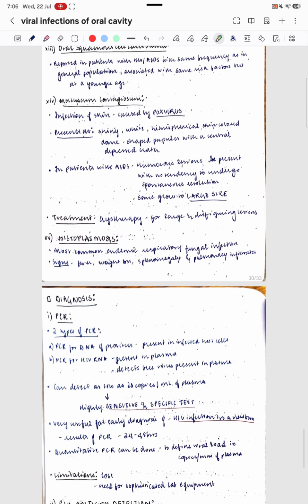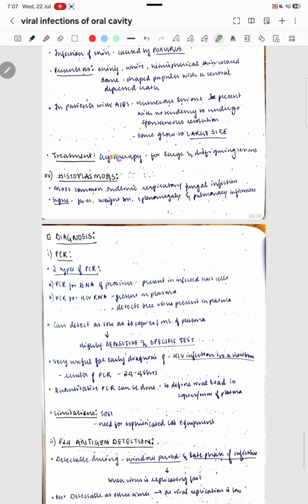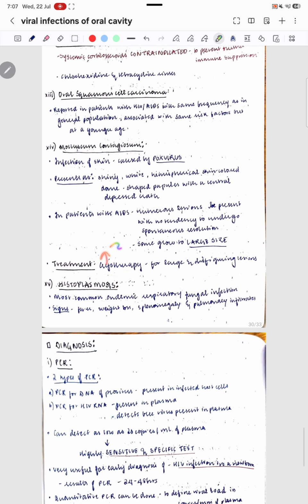In patients with AIDS, numerous lesions will be present with no tendency to undergo spontaneous resolution. Some grow to large size. Treatment is cryotherapy for this pox virus.